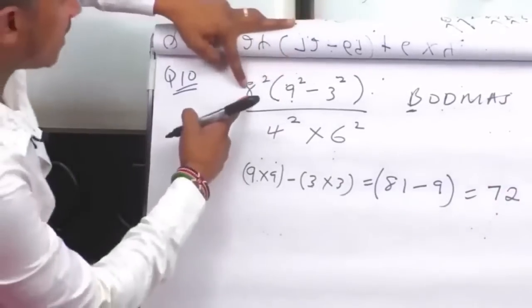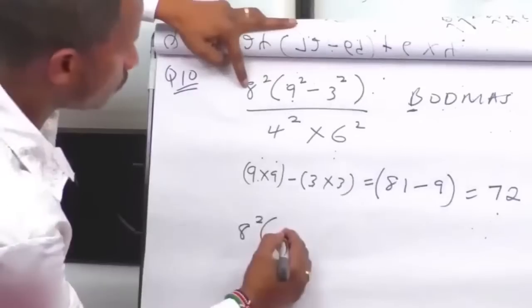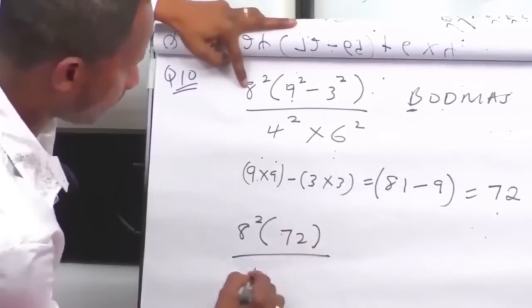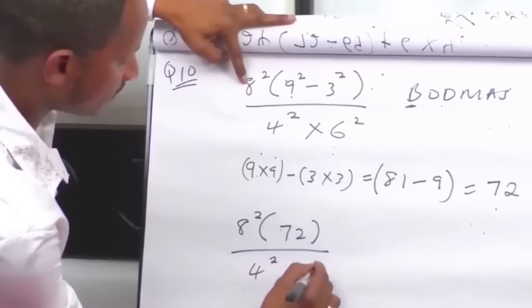Okay, so we rewrite it as 8 squared times 72 divided by 4 squared times 6 squared.